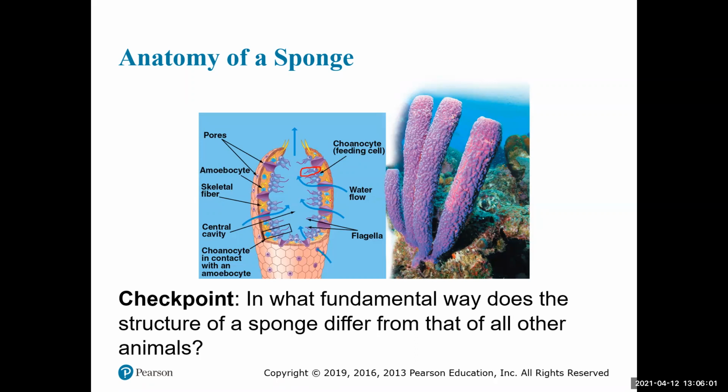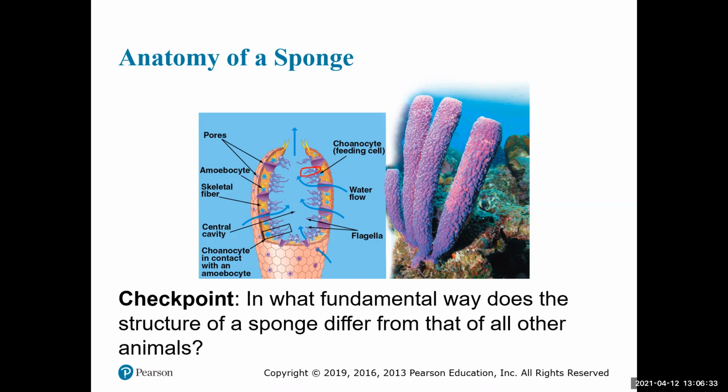So if it's a silica spicule, then it's a glass sponge. If it's a calcium spicule, then it's like a harder sponge. Whereas the softer sponges will be made out of a different type of spicule, like a sponge you can imagine what you would wash your dishes with, right? Those are synthetically made sponges, but before we made those sponges, people would literally use a sponge to do that type of stuff with.